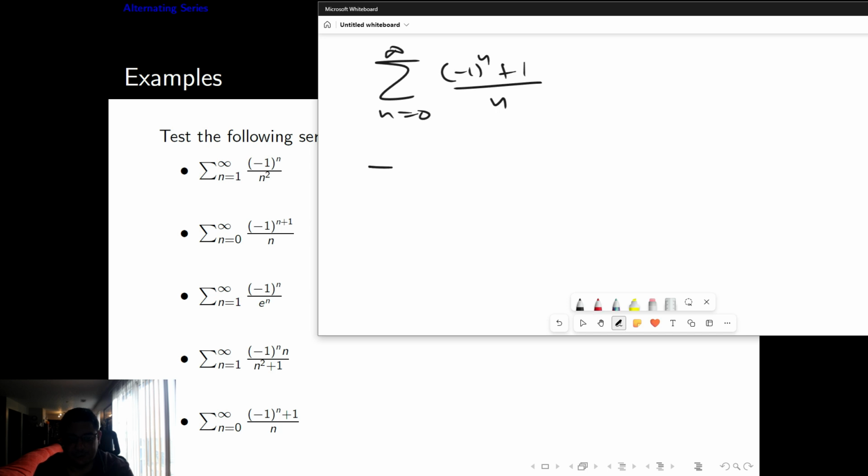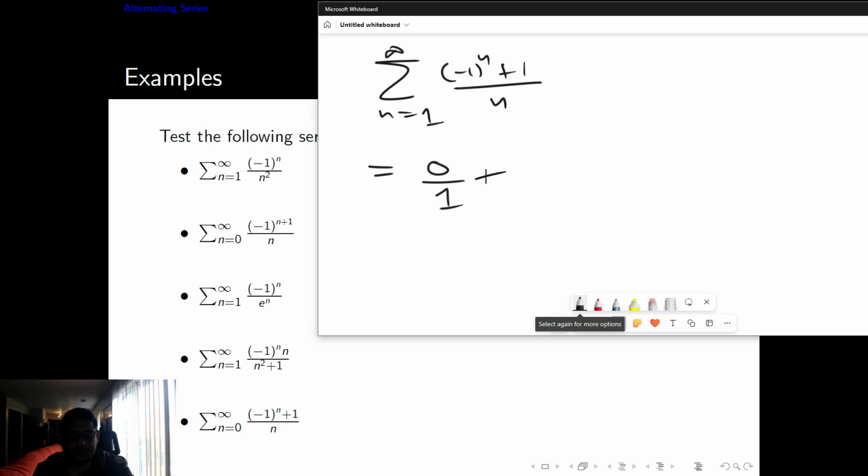So for example, with 0, plugging 0, well, we cannot plug 0 actually. This is a typo here. This has to start from 1, because we cannot plug 0 on the bottom. So there's a typo here, it has to start from 1. So at the start, this is going to be 0 plus 1.